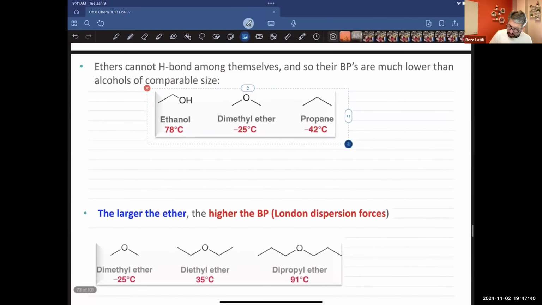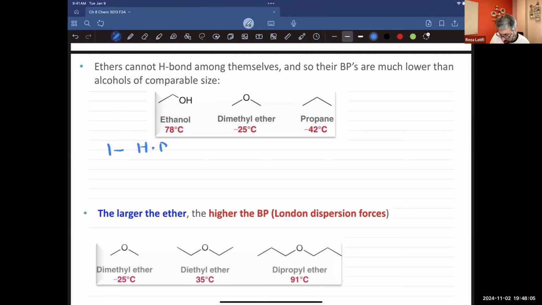Now let's talk again about the boiling temperatures that we have here, and why the boiling temperature is changing dramatically. For alcohol, the strongest force will be hydrogen bonding.